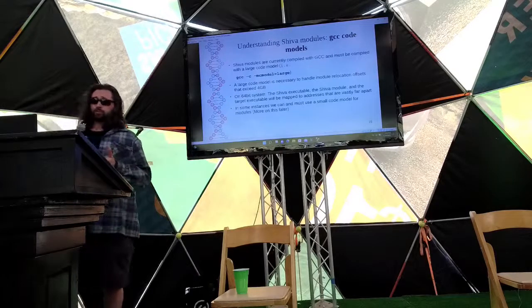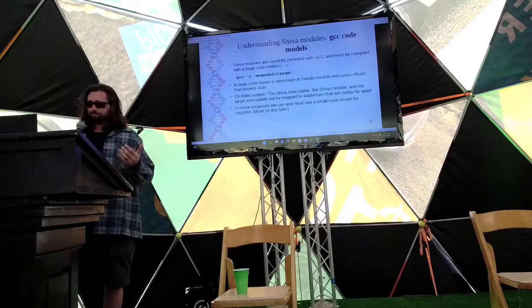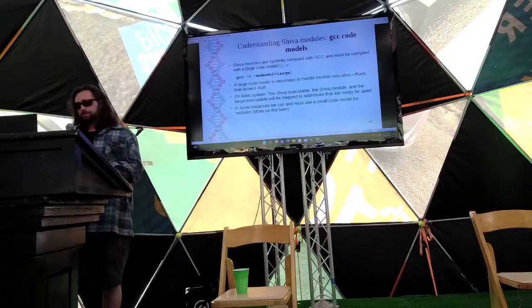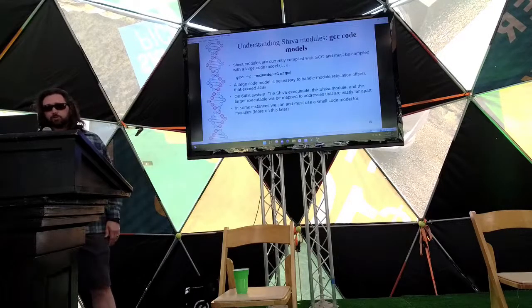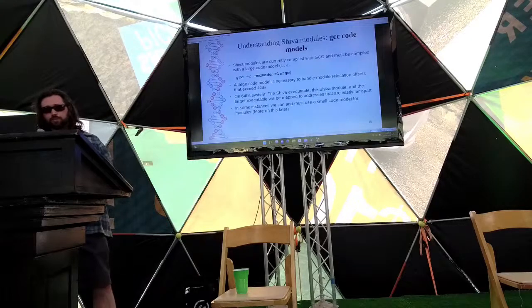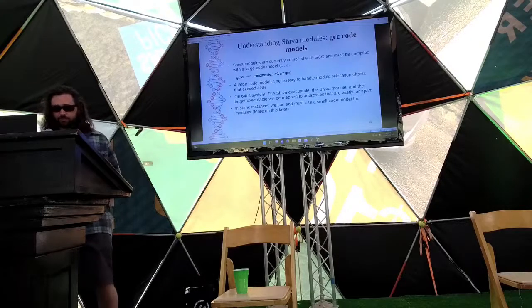But there are a lot of big rabbit holes that I could probably spend 45 minutes apiece on. One of them being why the modules have to be built with a large code model. And that's, in general, not always. There are sometimes where I do use a small one in certain instances that I don't want to get into, to overcomplicate it.